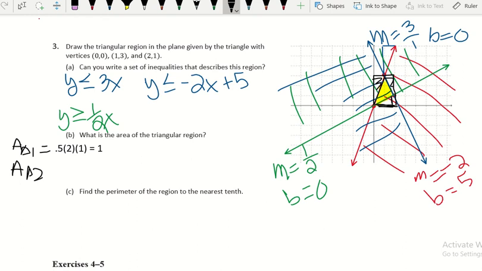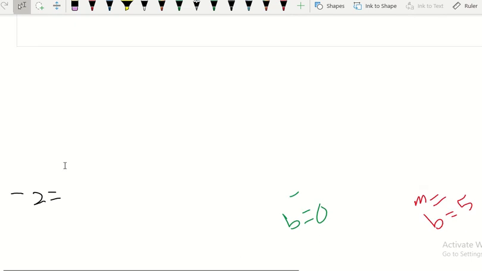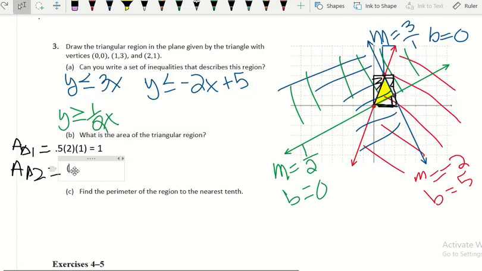All right, get the idea. So triangle 2 here has a height that goes all the way to 3 and a length of 1. So we're going to do 0.5 times 3 times 1, which is half of 3. So that's going to be 1.5. And then the other region is triangle 3 here.